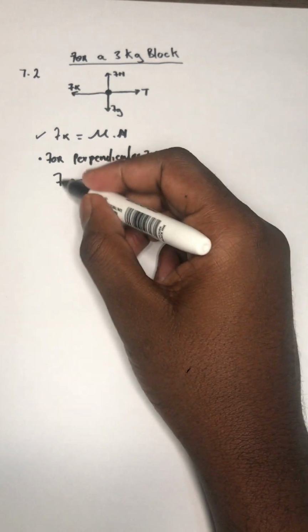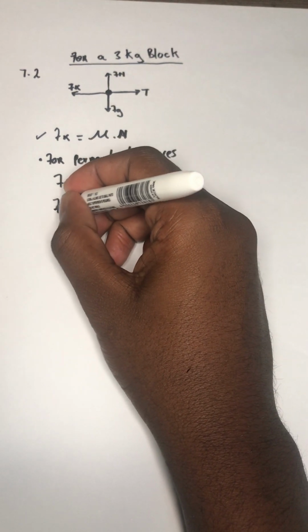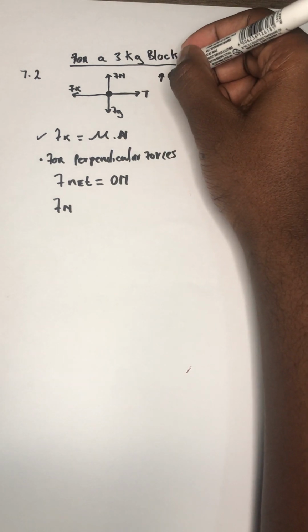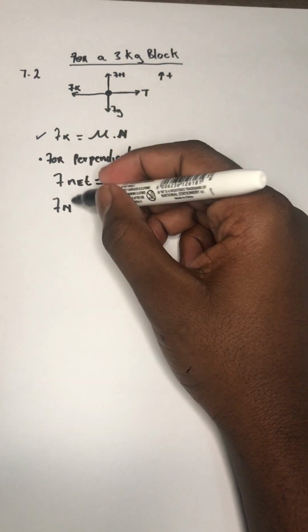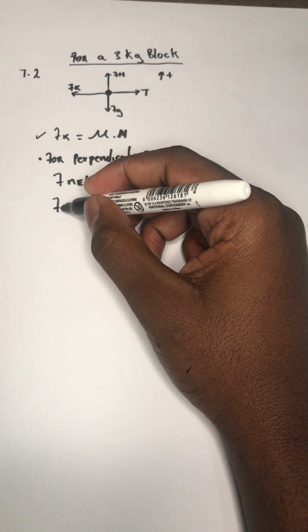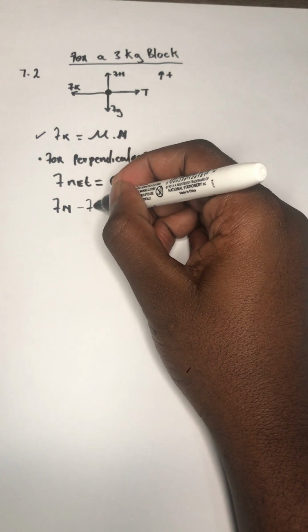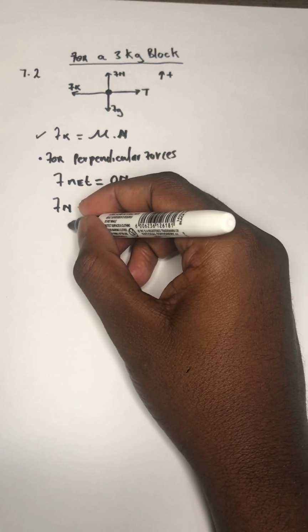So mapping the forces that are acting vertically, we have the normal force. I take upwards as positive, I always use that for consistency. So Fn positive minus Fg is equal to 0.